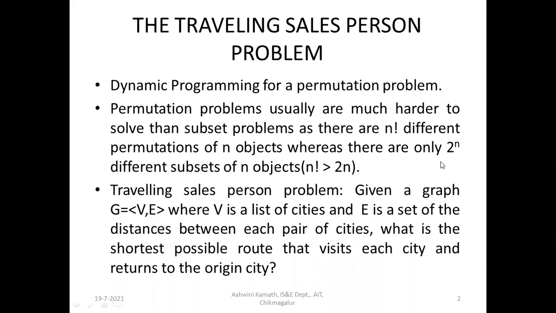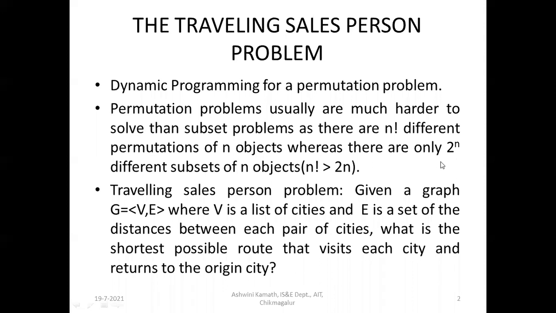Here we have to find the shortest possible route that visits each city and returns to the original city. The traveling salesperson has to begin at any beginning city.